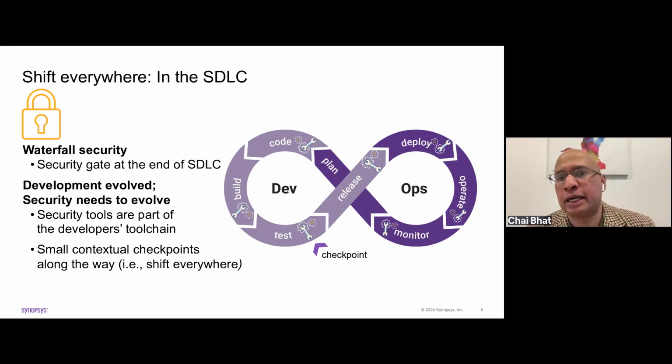And if you're failing one of the policies, you send it back to make sure that the defect, the vulnerability gets fixed appropriately, and then it passes the checkpoint and moves on. So that's what Shift Everywhere really is. It's integrating and automating application security testing across the SDLC with smaller checkpoints and making sure that your application is as tight as possible before it goes into production.